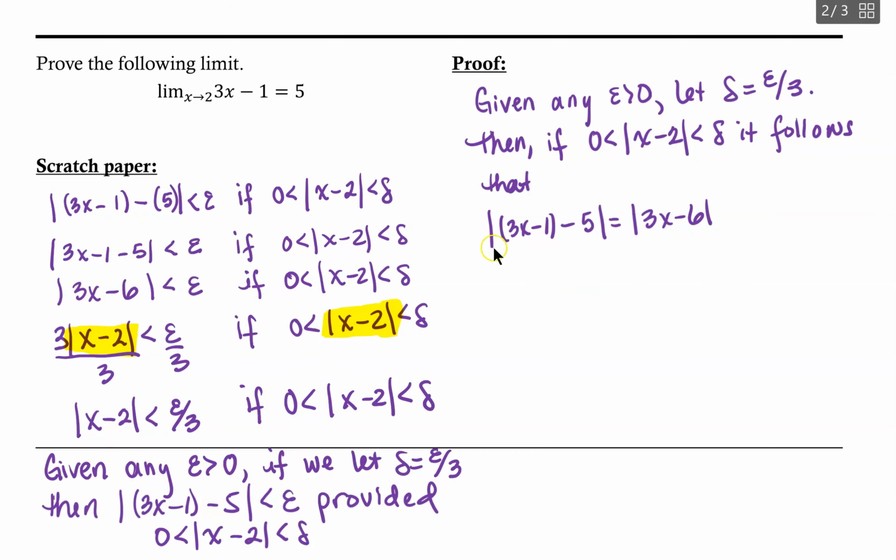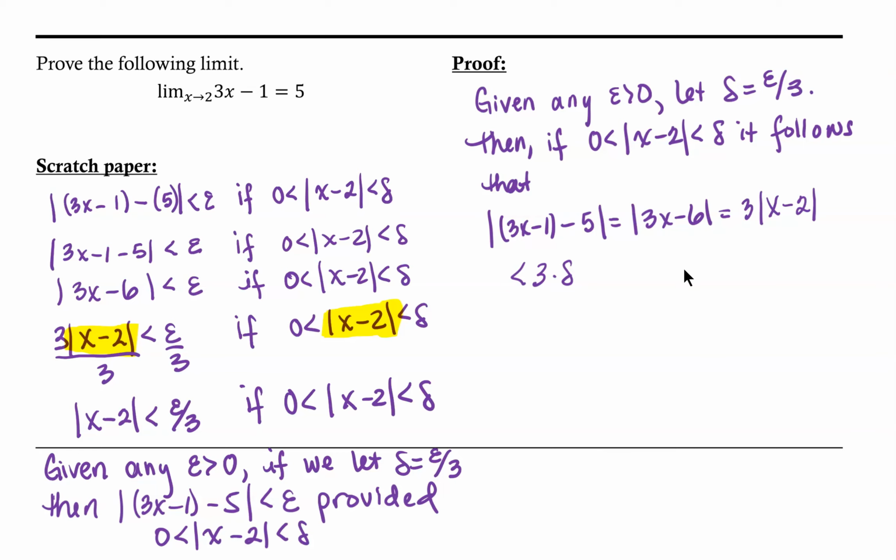So absolute value of my function minus my limit is equal to 3x minus 6, which is equal to 3 times the absolute value of x minus 2, which is less than 3 times delta. Notice the connection here of x minus 2 less than delta. So I have 3 times x minus 2.